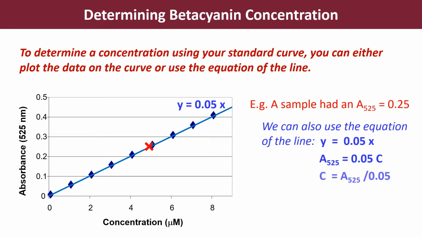I can manipulate that formula and turn it around so that concentration is absorbance divided by 0.05. In this case, that's 0.25 divided by 0.05, and therefore my concentration is 5 micromoles per liter. So you can use either method. Like I said, if you have the equation of the line, it's pretty easy to punch that in. And do make sure you provide me with a sample calculation for your lab report.